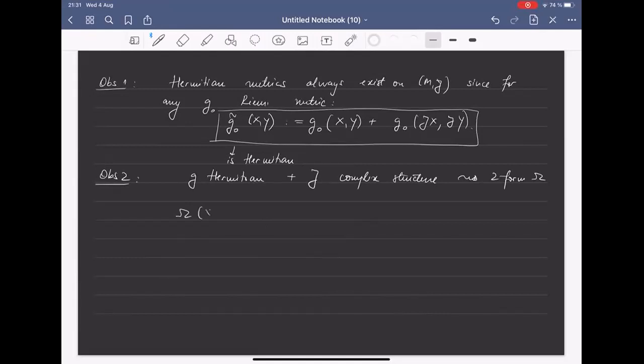Omega applied to X and Y, two vector fields, is by definition G twisted with J on the first component, so G(JX, Y).